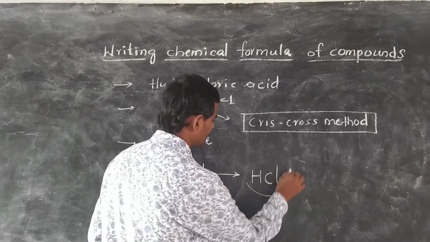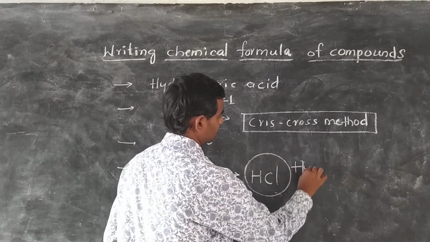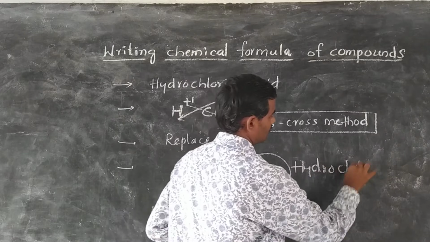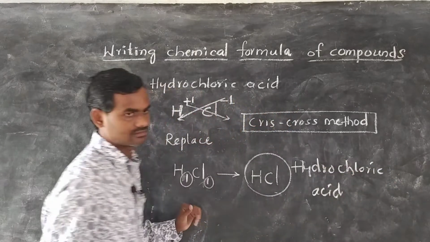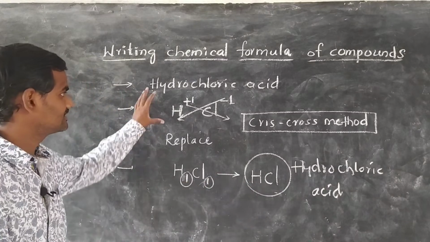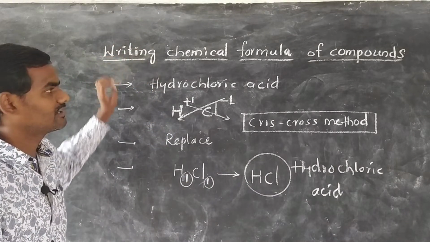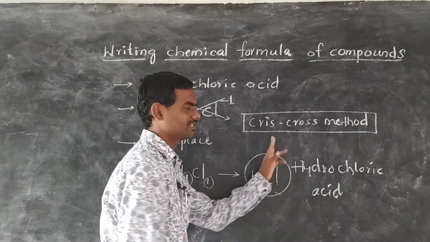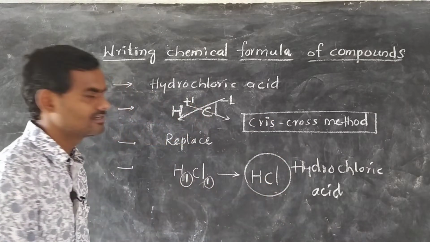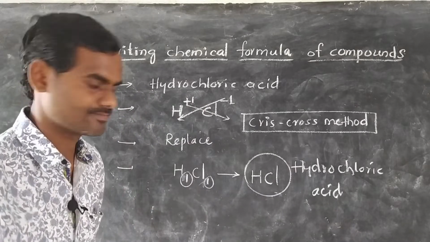So this is the formula of hydrochloric acid. This is the way to write the chemical formula of compounds. By using the crisscross method, we can write the chemical formulas of any compounds.